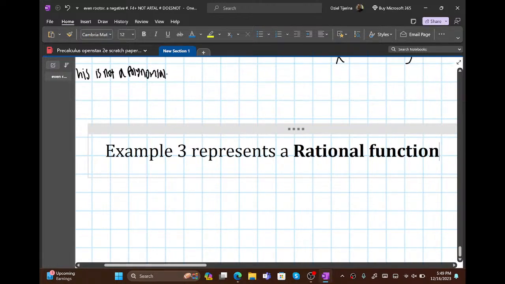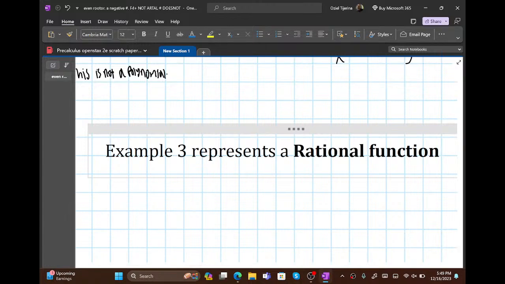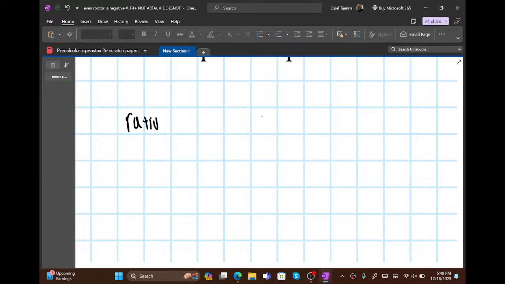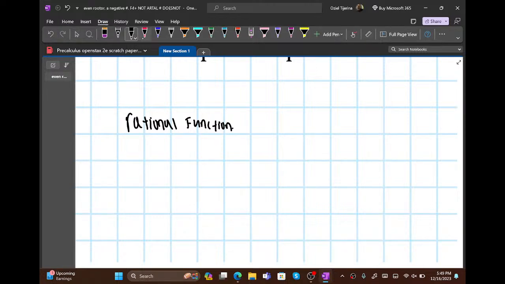So a rational function, guys, if y'all don't remember, is sometimes of the form with linear factors on top and bottom.